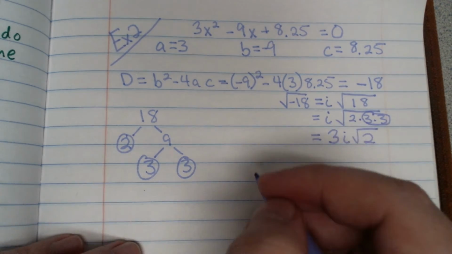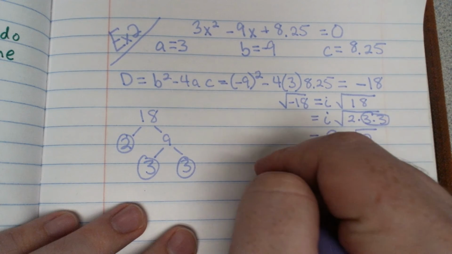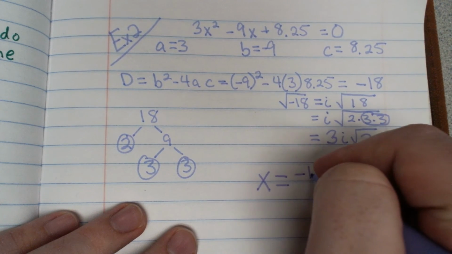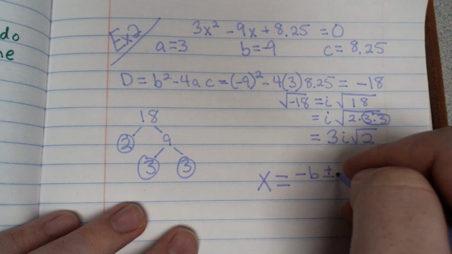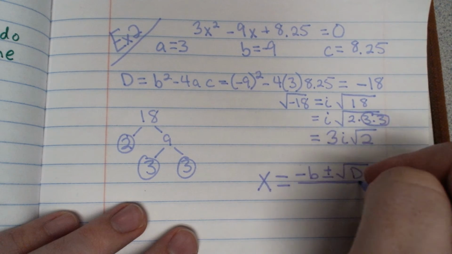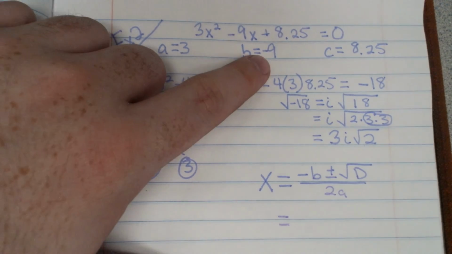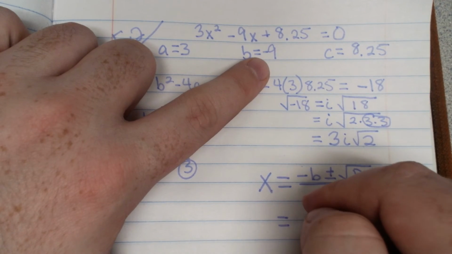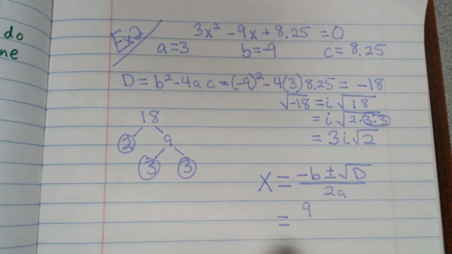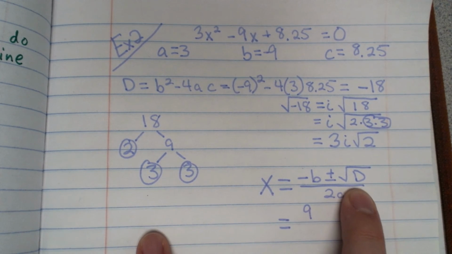So then in our quadratic formula, if we break it down as x equals negative b plus or minus the square root of the discriminant all over 2a, b was negative 9, so negative b is positive 9. We just found the square root of the discriminant.